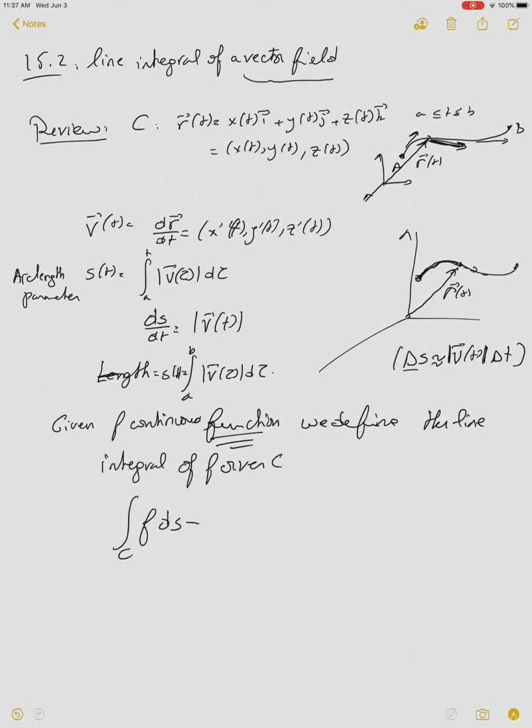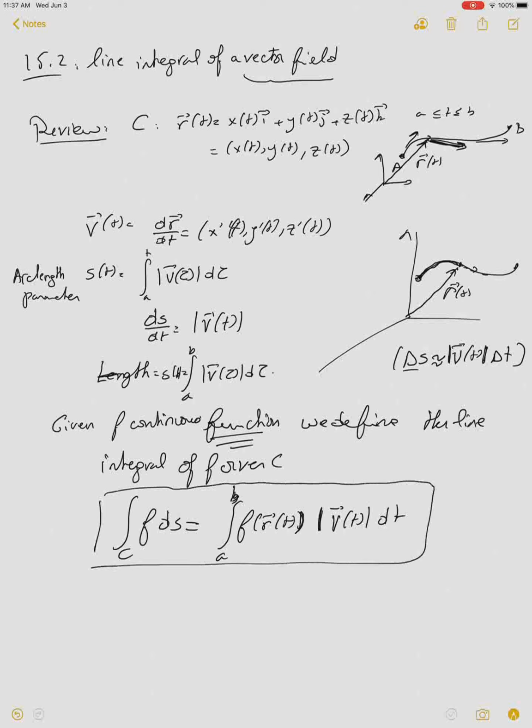So I'm integrating my function over the curve now, which is still a one-dimensional thing. And this is equal to the integral from a to b of f evaluated at my curve times ds, which is, now I need to put the Jacobian, the absolute value of v of t dt. And this is the line integral formula of a function. We showed many things, but if you want to see more details, go back and watch the other two videos of the previous two lectures.